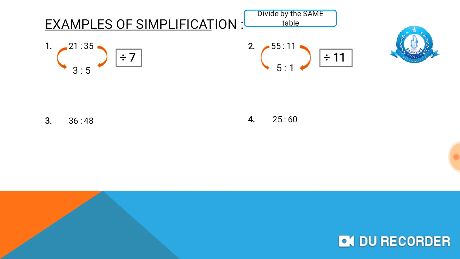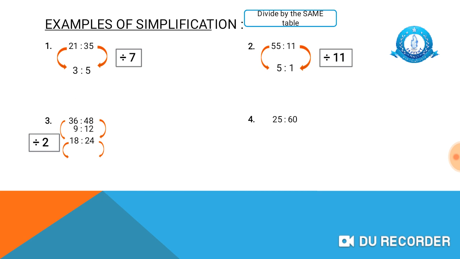36:48. Now there are 2 ways to attempt this question. As I can see that both my numbers are ending with an even number, so we can start dividing them by 2. First answer would be 18 ratio 24. Because again, both my numbers are even, I'll divide it again by 2 times table.